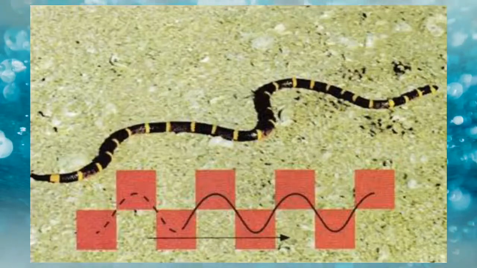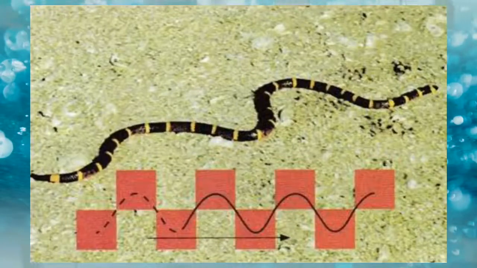Here also in these images you can observe the movement of snake. So, dear students, here you have learned movement in animals. In that you have learned movement of earthworm, snail, cockroach, fish, birds and snakes.